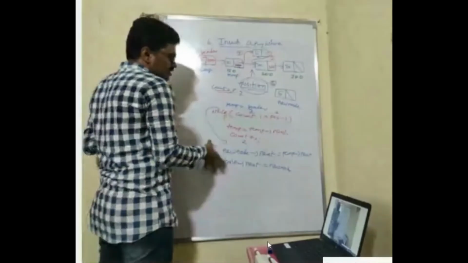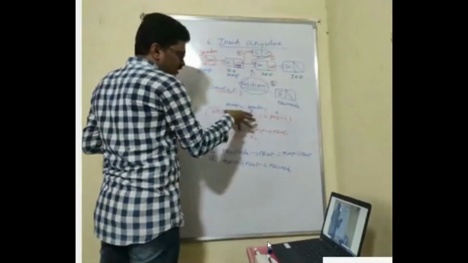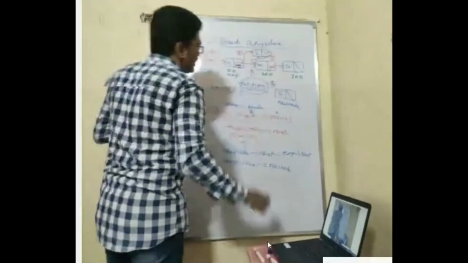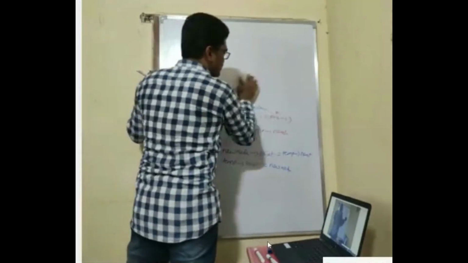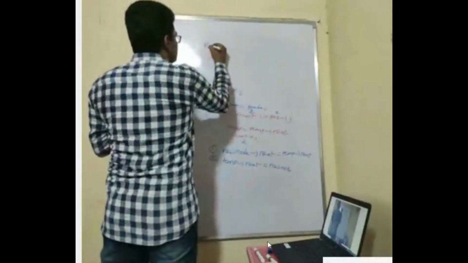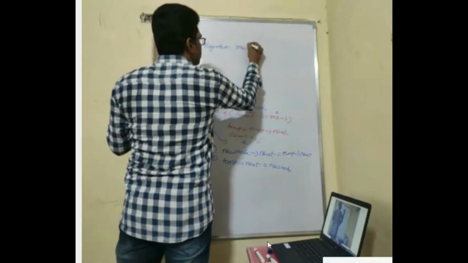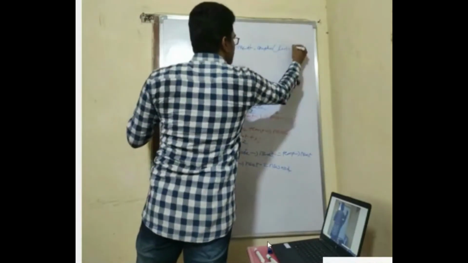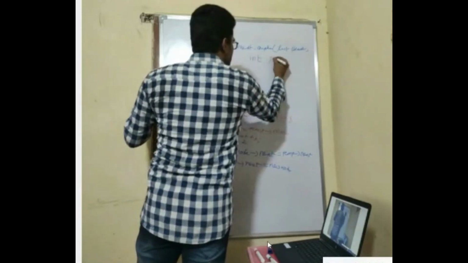So that's it. This is the logic. To insert anywhere, first you need to read the position, then you have to traverse until you reach the position. Now the same thing you can convert into an algorithm. We write algorithm insert anywhere, with list, header, and one more field called position.